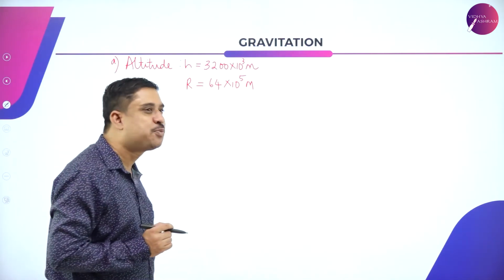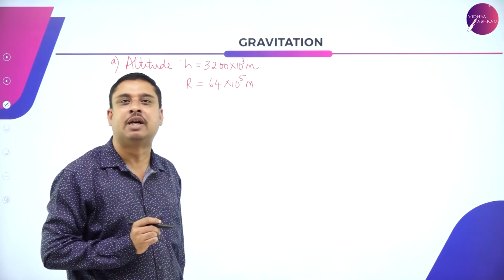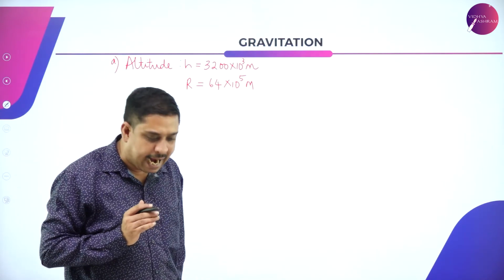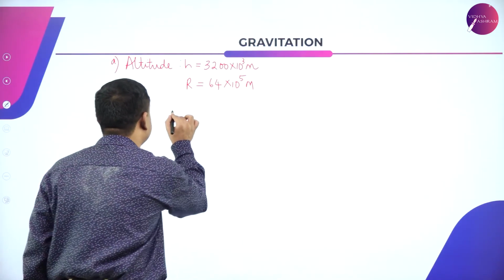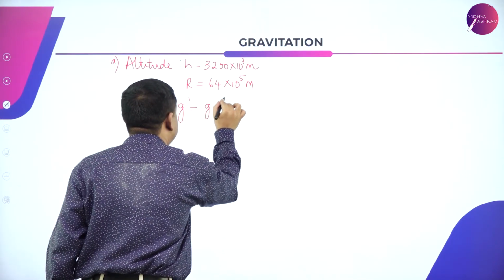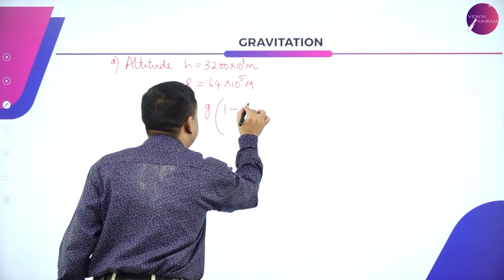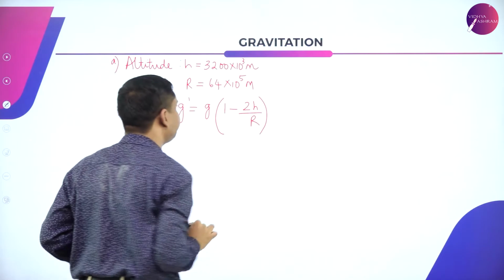Now what is the expression for acceleration due to gravity at a certain height from the surface? G dash is G into 1 minus 2h by r.